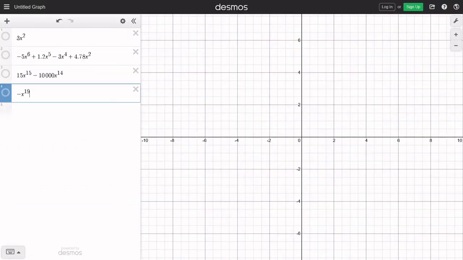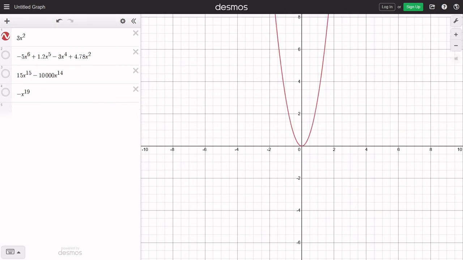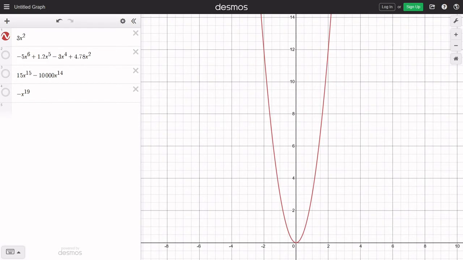So here I have a few functions that I'm going to graph on Desmos, and we'll look at the end behavior. The first one is 3x squared. You can see it goes up and up on both the left and the right-hand side. That's because the degree is even and it has a positive leading coefficient, as it's called. The 3 here is the leading coefficient, and that will determine if the polynomial gets flipped or not.